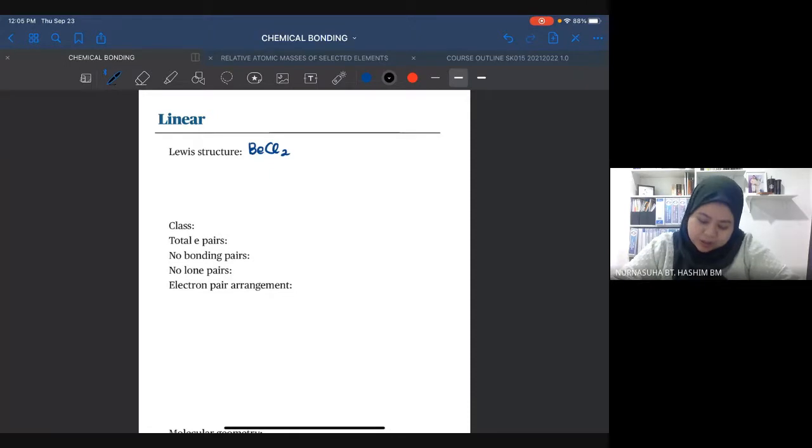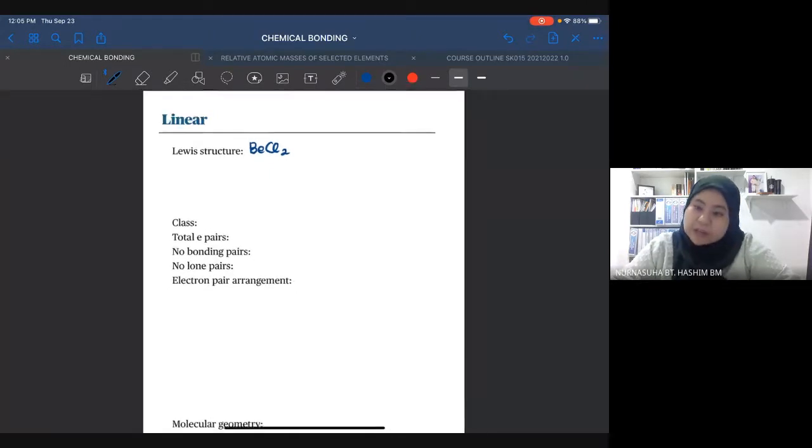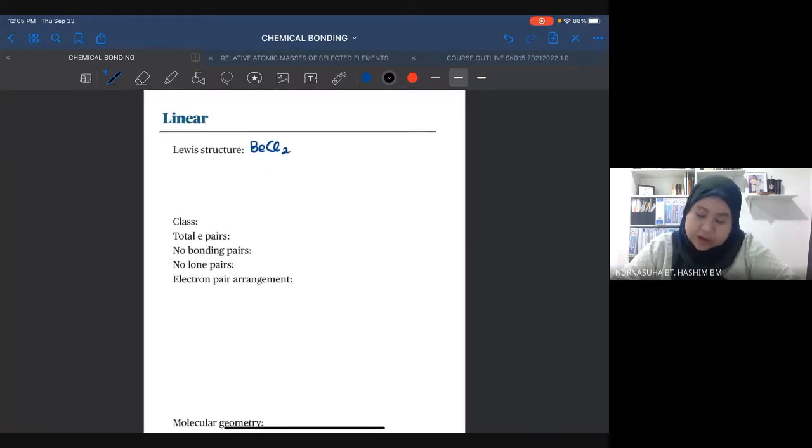Okay, linear molecule. So the first molecule, let's try do for BeCl2. Kita kira dulu dia punya total valence electron, macam biasalah. Okay, beryllium 2 plus 14, so 16 total valence electron. So we draw the Lewis structure.